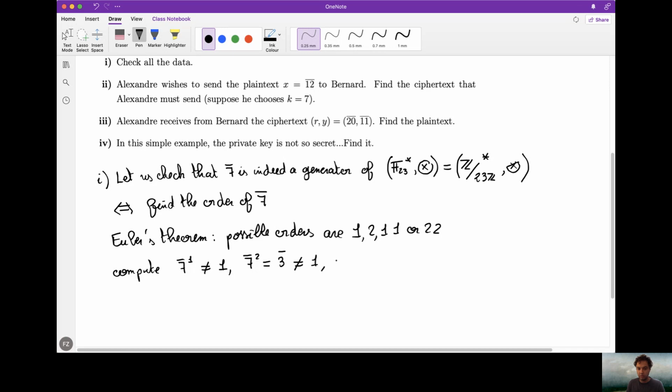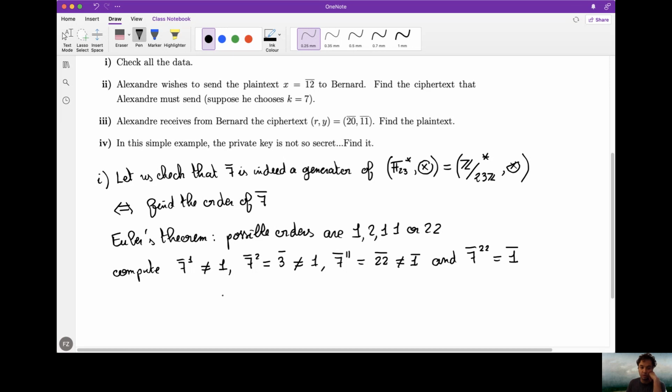And if you compute with your computer or whatever other means that you want, 7 to the power 11, you will see that this is equal to 22, which is not 1, modulo 23, right? And the last one is 7 to the power 22, but this one you're sure is equal to 1 because of Euler's theorem, or Fermat's little theorem: any number to the power 22 is going to be equal to 1.